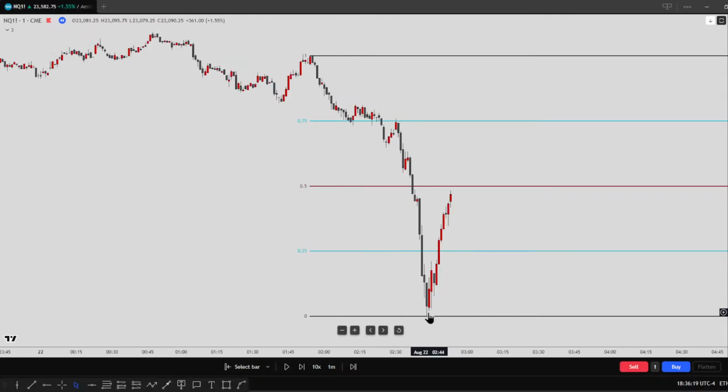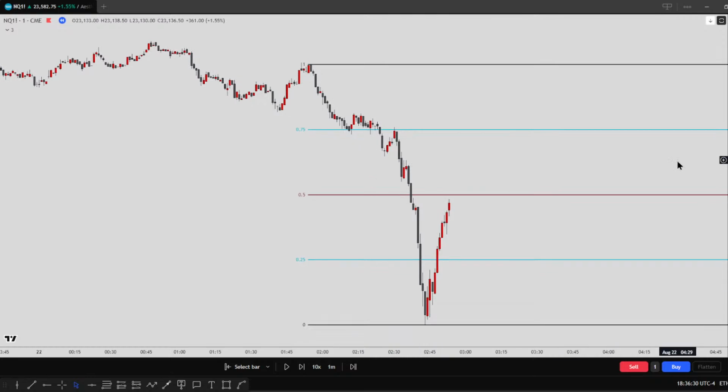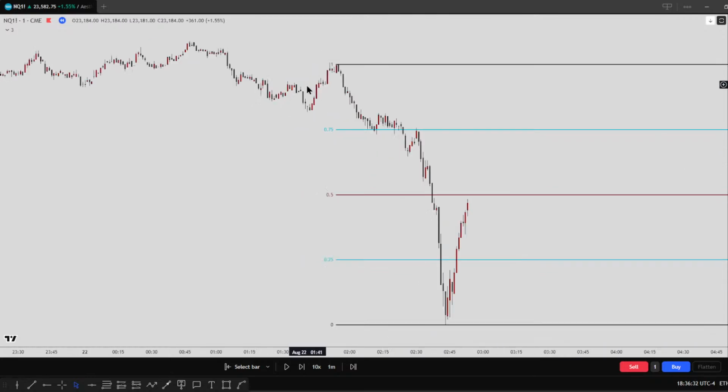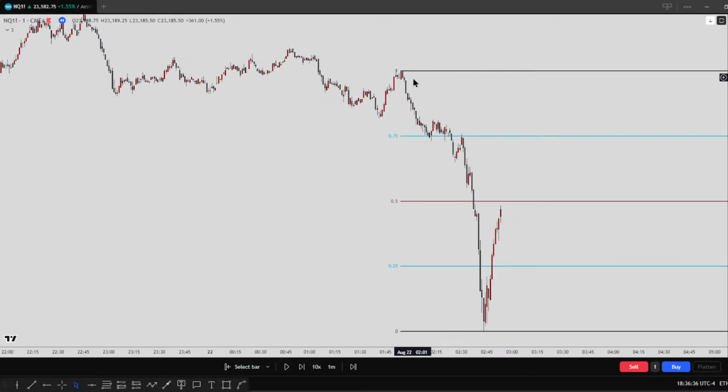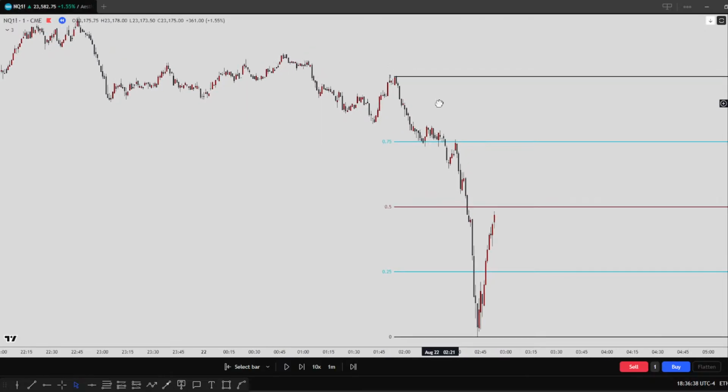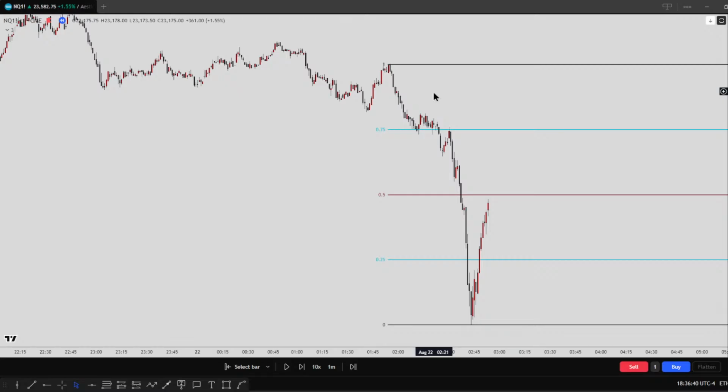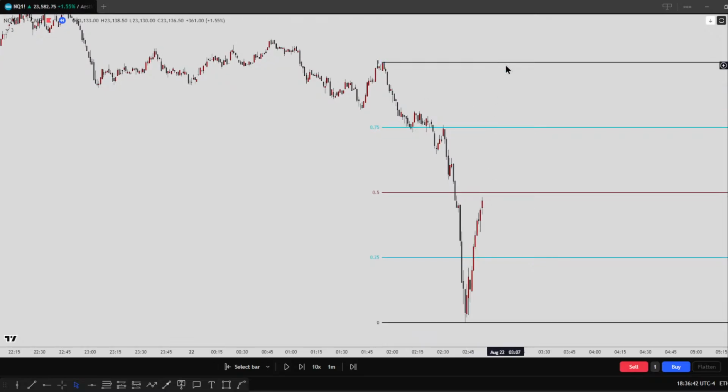So an implied range is the point of origin of your move, which in this case was literally right after the second up close candle. It was there, into the terminus point of where you're expecting price to go. Does that mean if price doesn't go all the way there, your implied range is wrong? No, but if you're anticipating a one-sided move in the market, that would be your implied range.